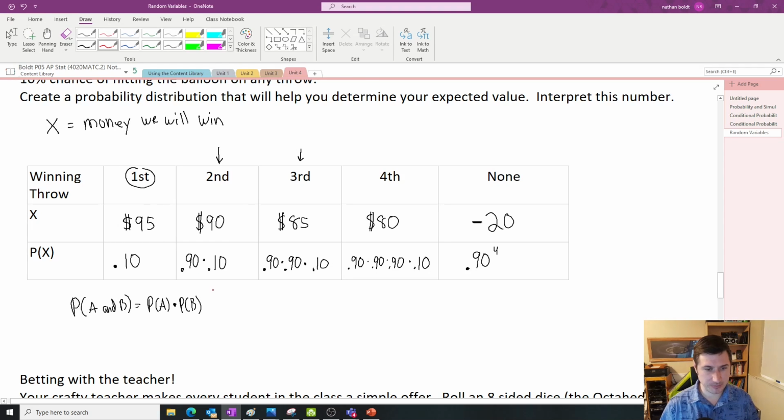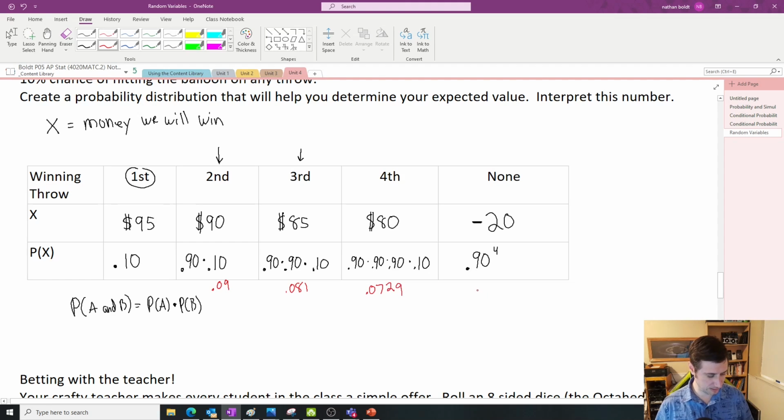So this is a 9% chance. This is an 8% chance. This is a 7% chance.